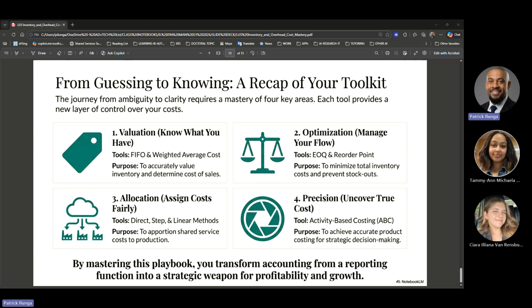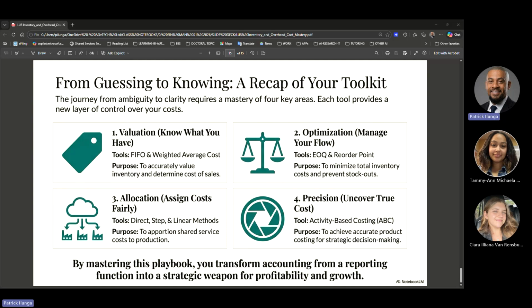The purpose is to accurately value inventory and to determine the cost of sales. We can't price our product correctly if we don't really know the actual cost of inventory.